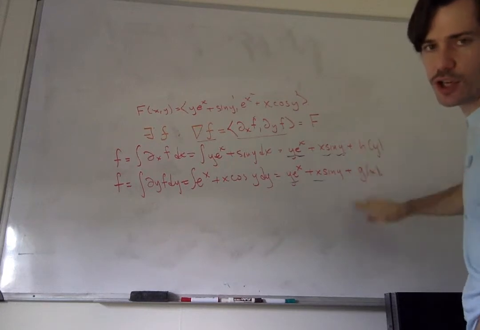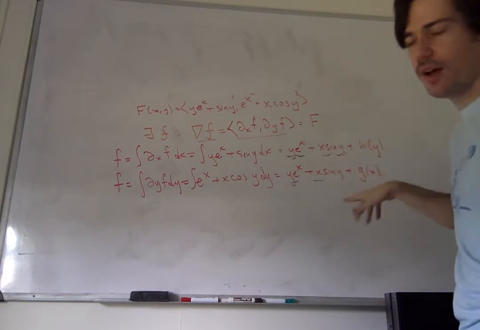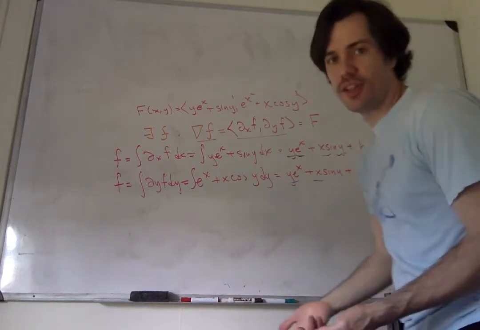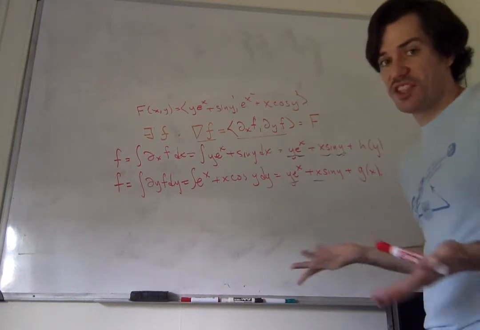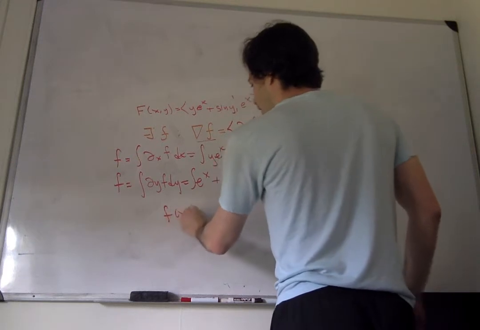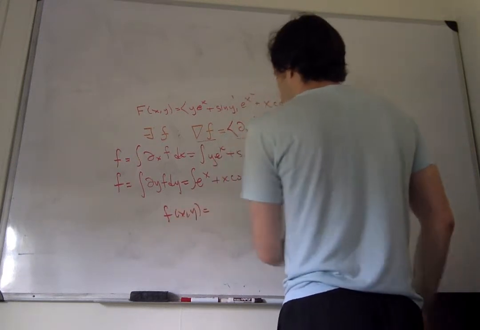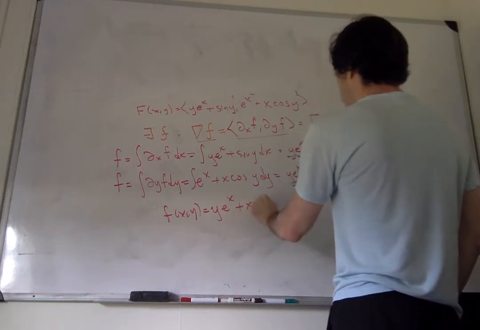So you try to compare the two to see if you can find a function. You can't. So these both have to be a constant. It can be any constant, so we'll just set it equal to 0. Okay, so we conclude that f of x, y equals y e to the x plus x sine of y.